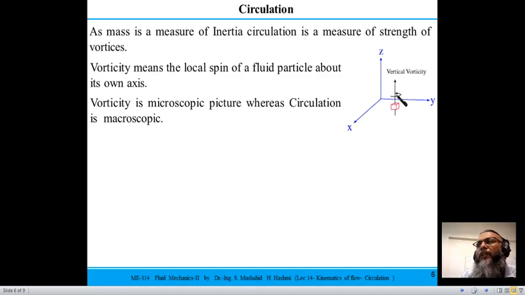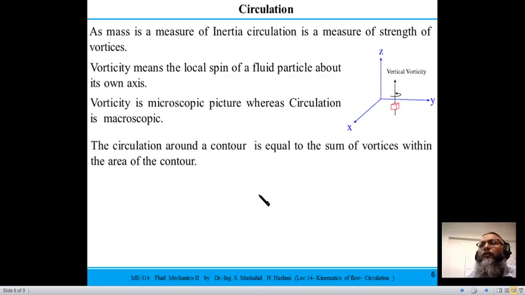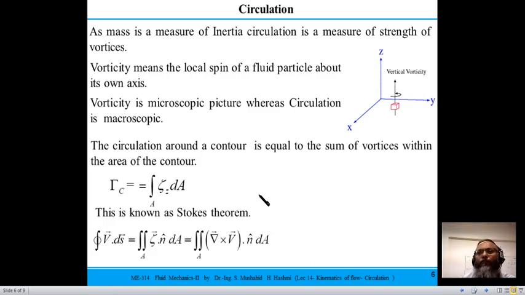Vorticity is always about its own axis, whereas in circulation we are not bothered. We are interested in the strength of those vortices. So the more the circulation, the more will be the strength of vortices. We can say the circulation around a closed contour is the sum of the vortices within the area of the contour. And mathematically we can write it like this.